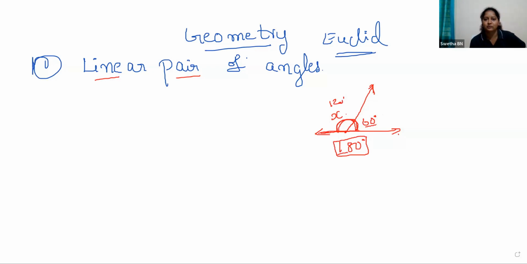For example, this is an acute angle, this is an obtuse angle. If it is 100, what will be the other angle? 80 degree, very good. I think you understood what a linear pair of angles is. When a ray is standing on a straight line, the sum of the angles will be 180 degree.